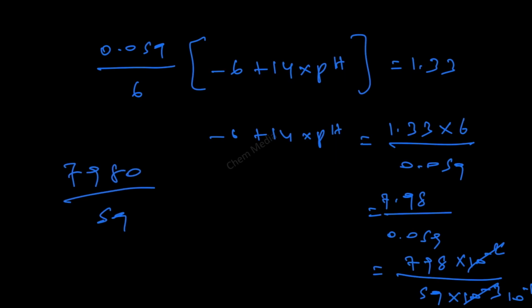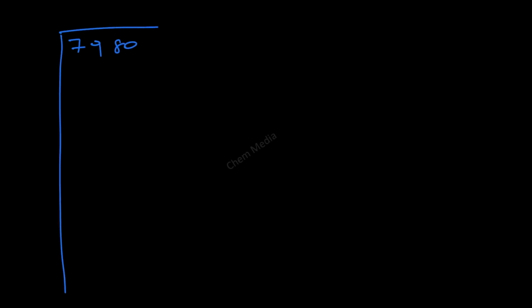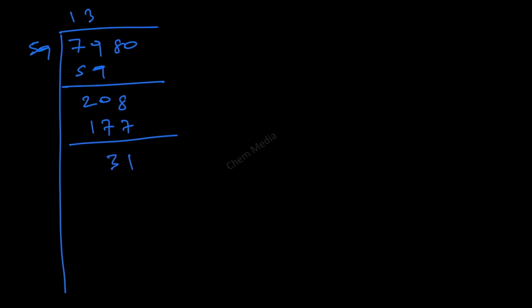So, if we send that up, then it would be 7980 divided by 59. This is what we need to figure out now on the right hand side. So let's do the long division. 7980 divided by 59. We can do it one time. So 59, remaining 20. Let's bring down the 8. Now we can do it 3 times. 3 times 59 is 177, remaining 31.